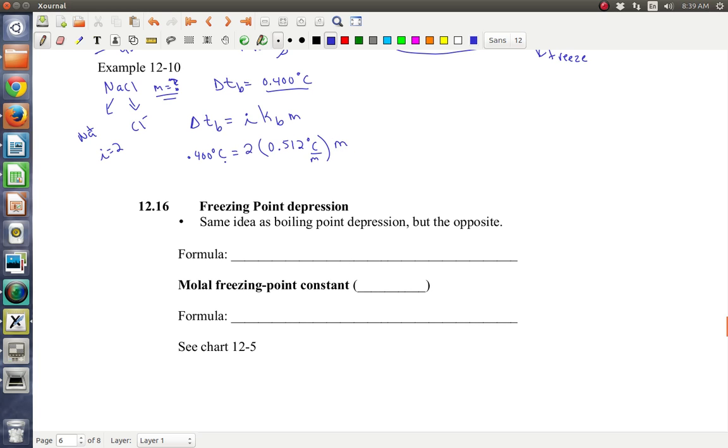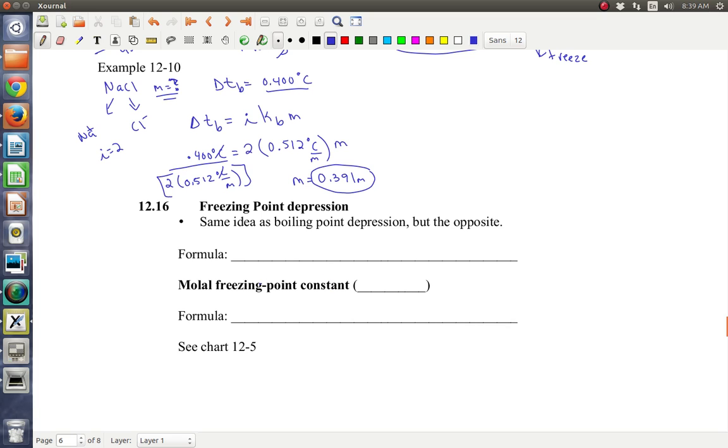All right, so divide this by this, and you'll end up with molality equals 0.391. If you aren't able to get that problem, it is probably because when you divided, notice the C's cancel, that you divided by 2 and then you multiplied by the 0.5. Make sure you're dividing by all of this quantity.